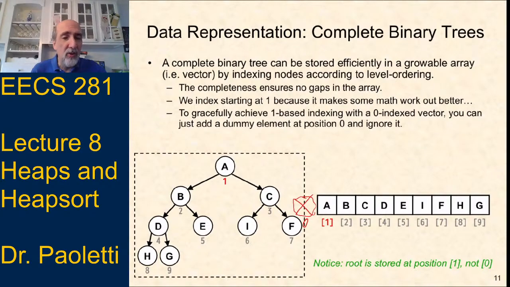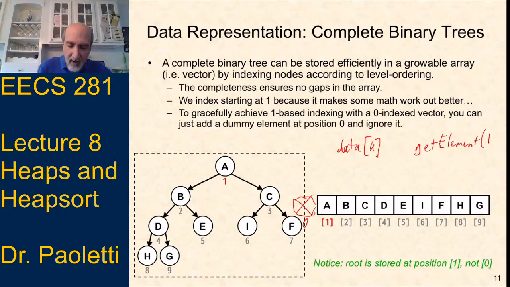Another easy way to do it is, when someone wants something like data sub k, we could instead write a function get element of k. Let's assume this is real zero-based indexing and x is there, the letter x.